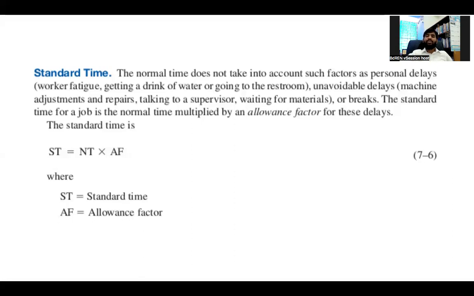So 10% of the total time, what does it mean? It means that the allowance is 0.10, and the allowance factor is 1.10, because you consider normal time as 1 and an additional 10%. Are you getting, Samia? Yes, sir. So 10% allowance, what does it mean?